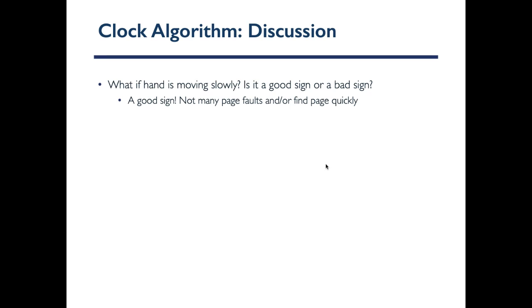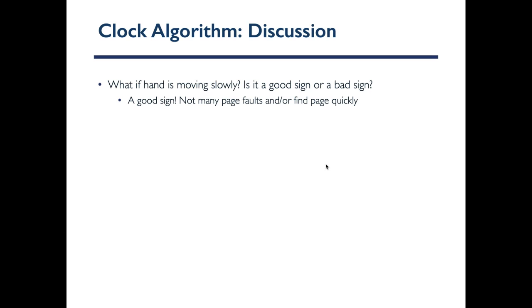Now, if you look at the clock hand, on average, see how many moves it makes to make an eviction. If your clock hand is moving slowly, then it's a good sign. It means that you're not evicting many pages.